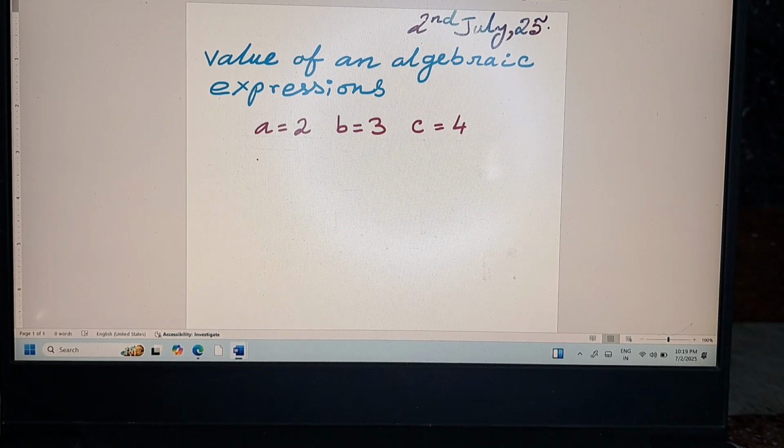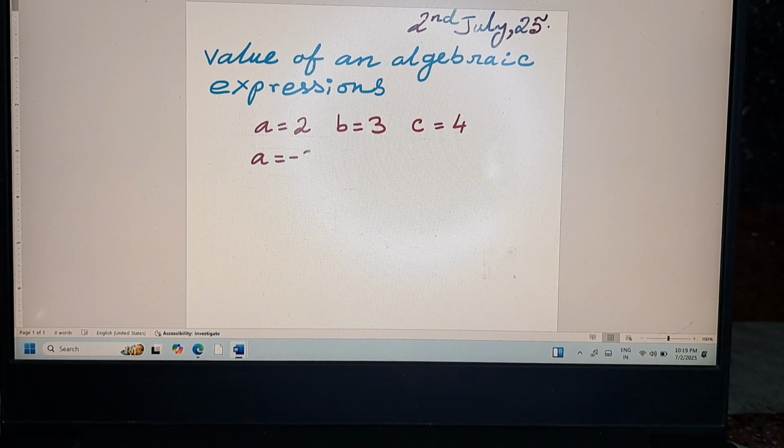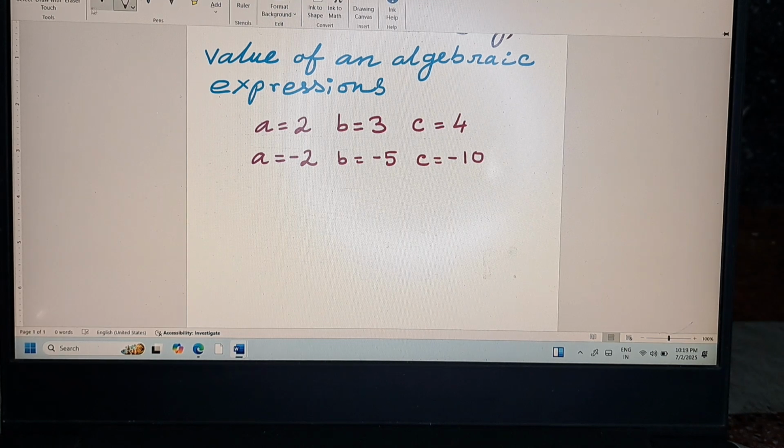In another sum you will find a is equal to maybe minus 2, b is equal to minus 5, c is equal to minus 10. With the help of these variables we will find the value of an algebraic expression.